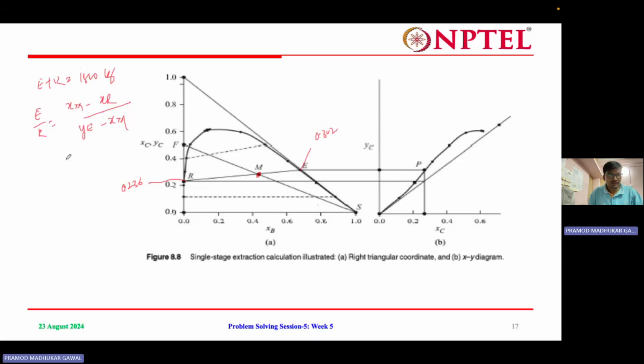Put the values here: xm is 0.28, xr is 0.236, y is 0.302, and xm is 0.28. Based on equation 1 and equation 2, you will get the value of E as 1200 kg and R as 600 kg, right?